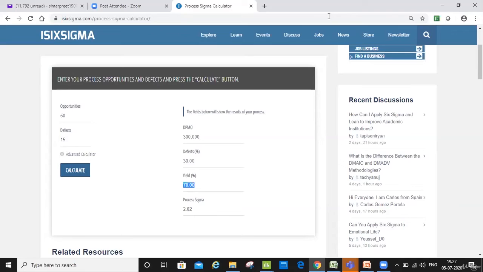So for example, you've taken a project to improve the customer escalation from 20% to 5%. Let's say currently you are at 2 sigma level with these number of defects and these number of opportunities. You will do pre and post project as well and see how much you've improved from 2.02. So that's how you'll be able to do this exercise twice.